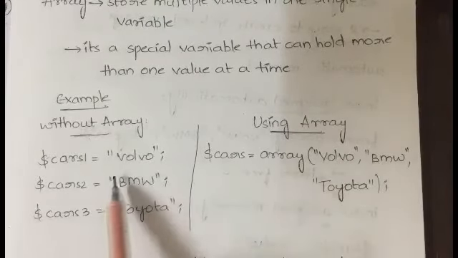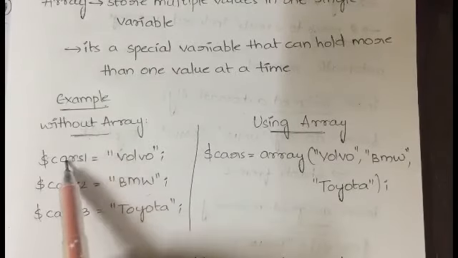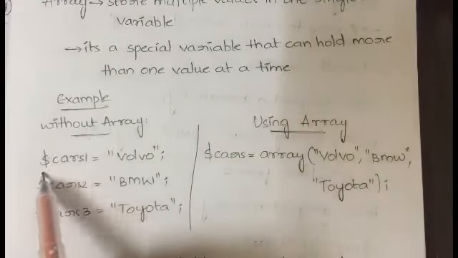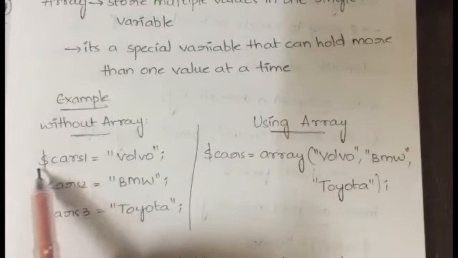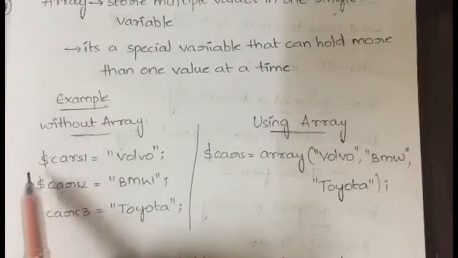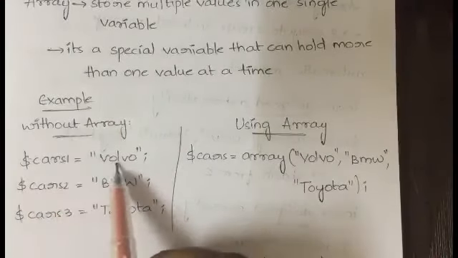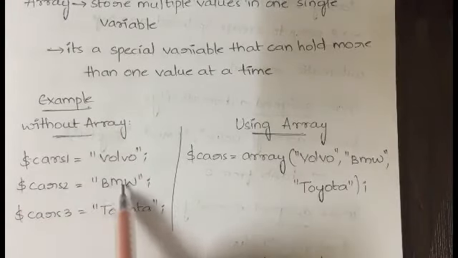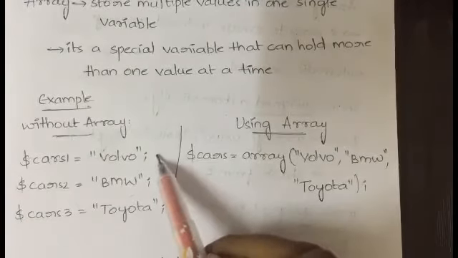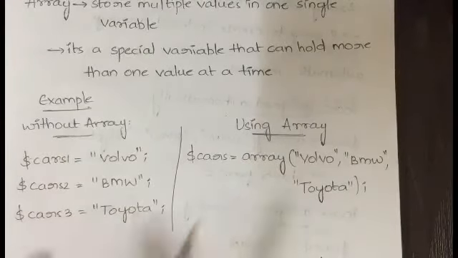Without array, you're declaring three different variables, right? And this dollar symbol is used for declaring a variable in PHP. $cars1 is Volvo, $cars2 is BMW, and $cars3 is Toyota. That means in order to declare three different car names, we used three different variables, right?